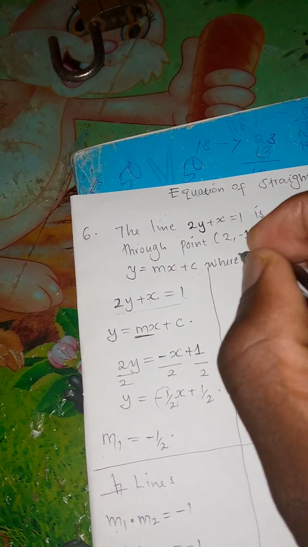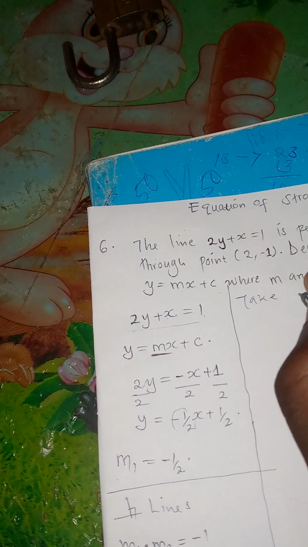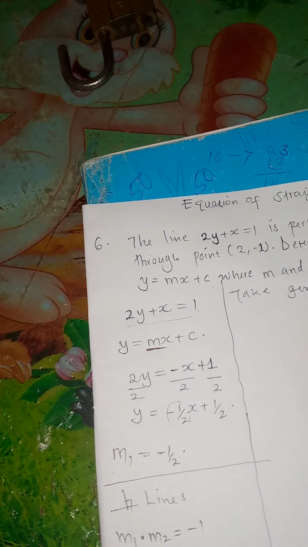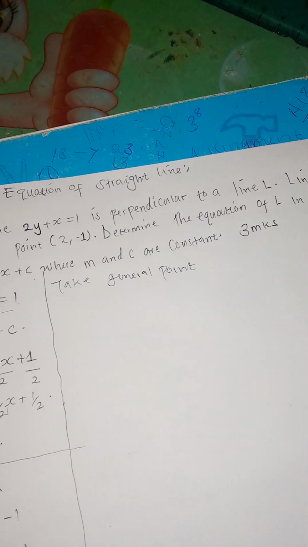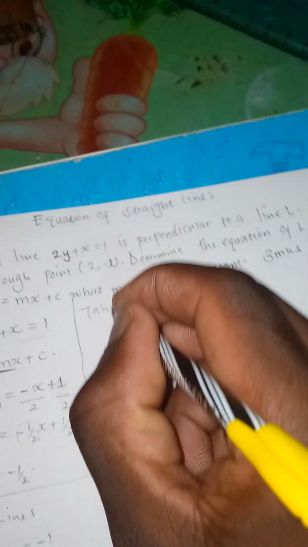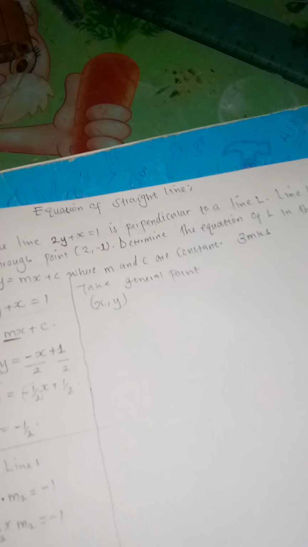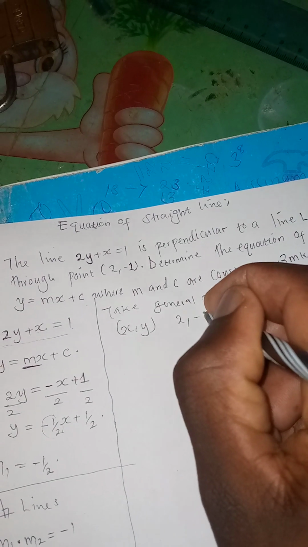We take a general point, call it (x, y), and this point here (1, -2).